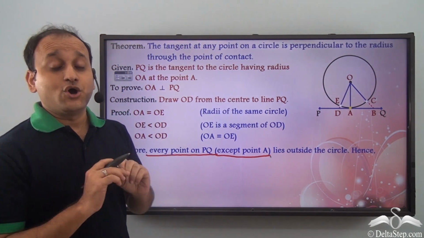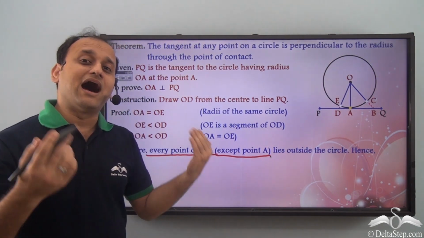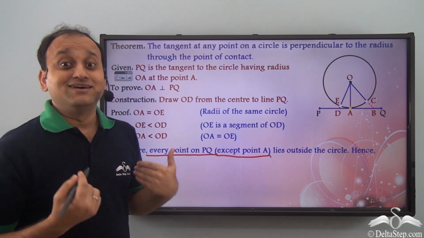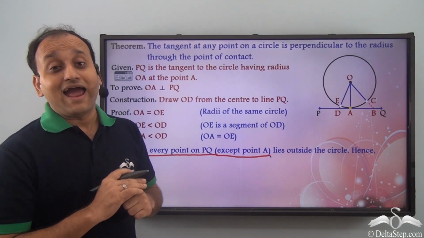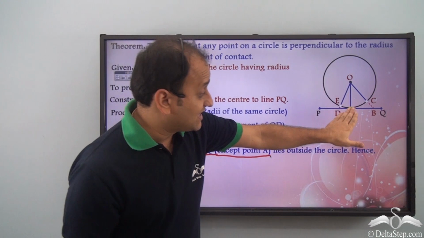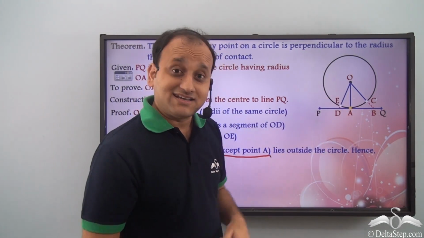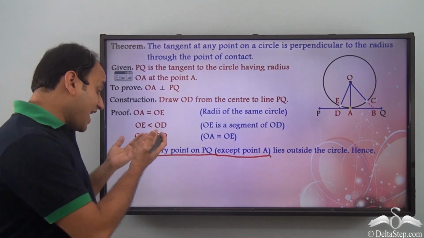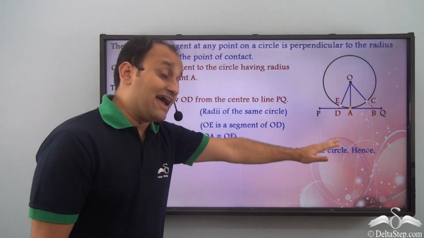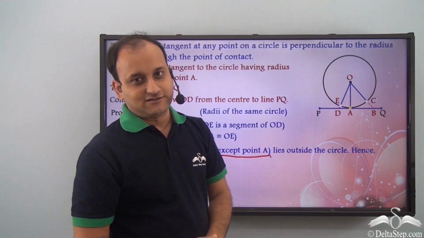Every other point on the line will be outside the circle because the line does not touch the circle at any other point. In this case, the point of contact is A.